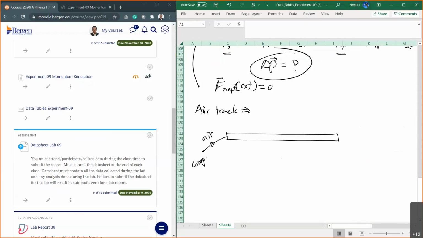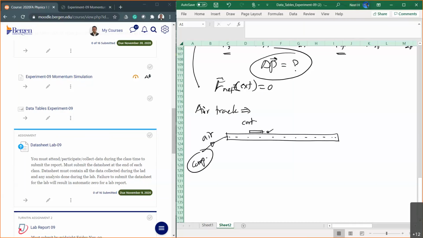This beam is a three-dimensional hollow object, so it has small holes on the surface. When the air goes on, the compressor provides high pressure, so air comes out from these small holes. If you place a small cart on top of that, the cart will float.